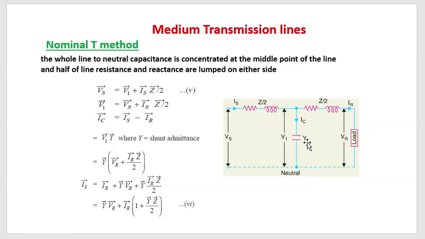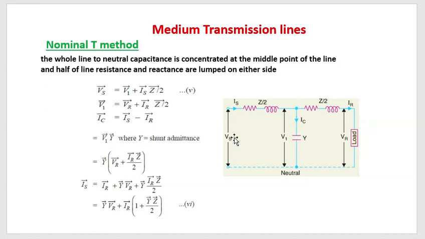Here Y is showing the admittance of the capacitance, and from this figure we have these equations where Vs is equal to V1 plus Is into Z over 2, where Z over 2 into Is is the drop in this branch, and V1 is the voltage across this branch.